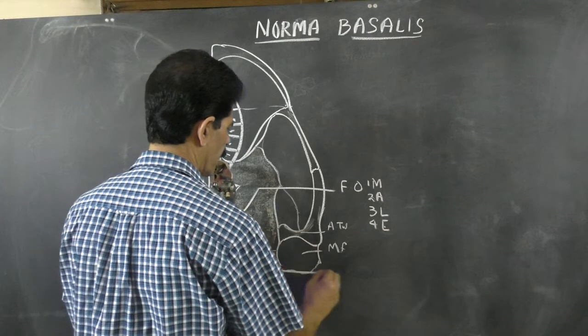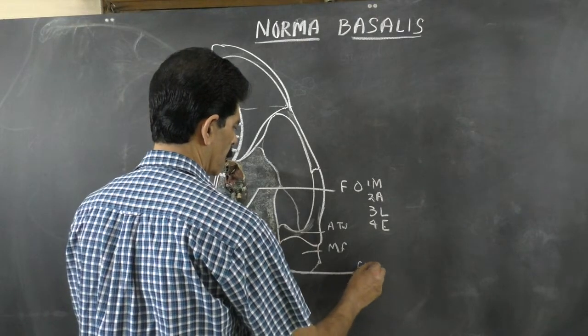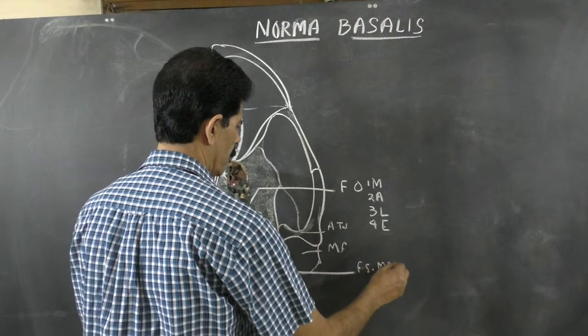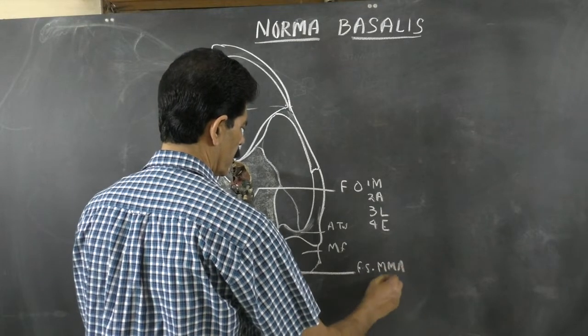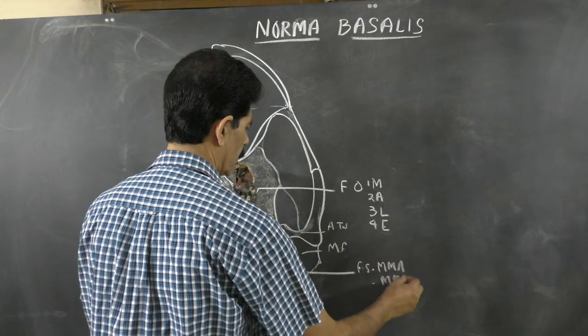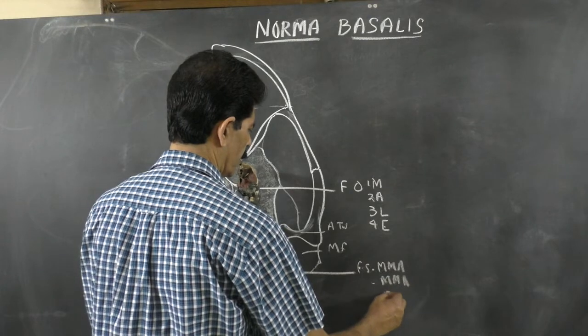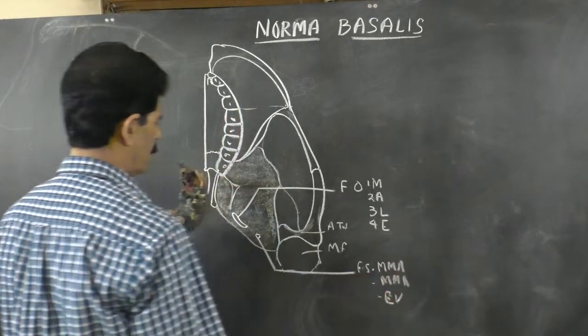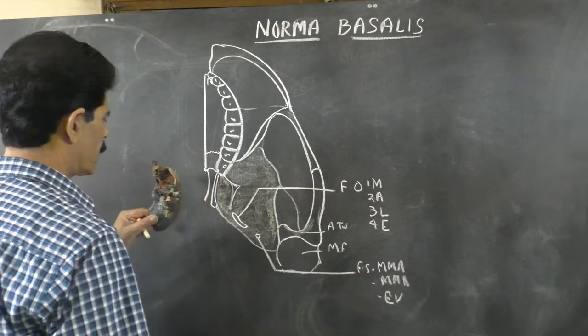While the foramen spinosum contains the middle meningeal artery, meningeal nerve, and emissary vein. So they are in the greater wing of the sphenoid bone.